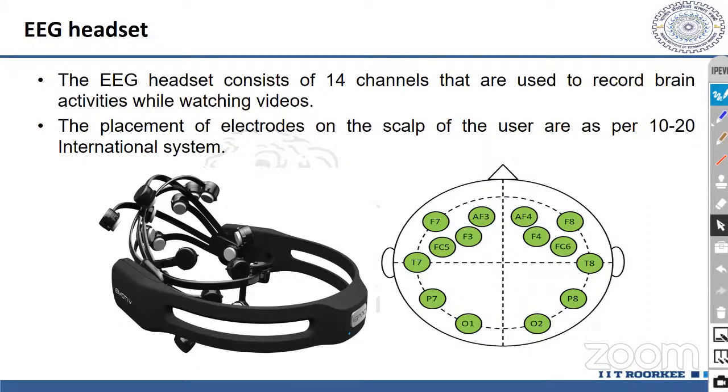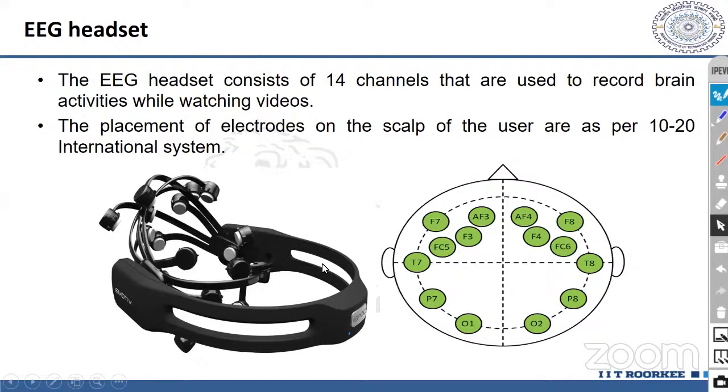Our brain is divided into 4 parts like this. You're seeing the right-hand side image. Here in the electroencephalogram device, you have the circular portions, which we call electrodes.